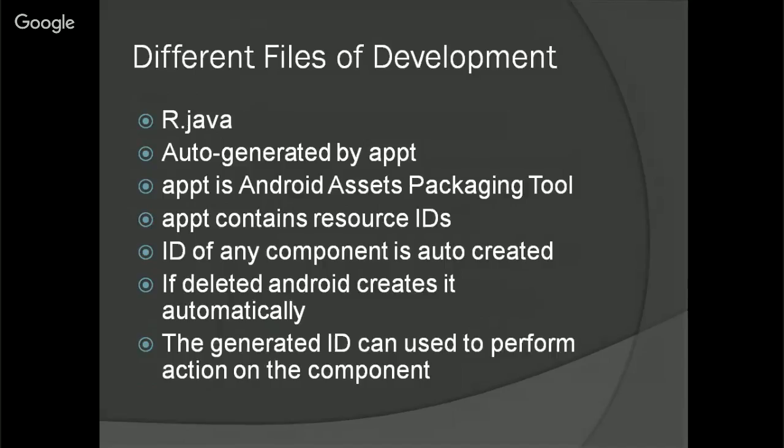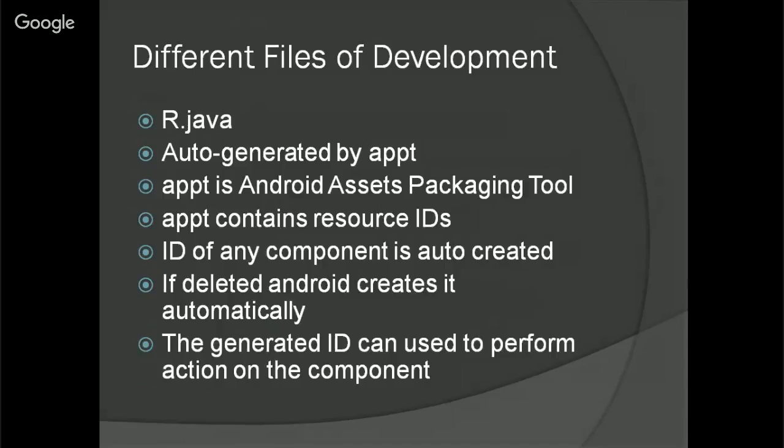So you have to be clear from now on that R.java is the auto-generated file developed by APPT over here. Its main aim is to generate IDs for the components that you make, or for the new changes, IDs will be generated.